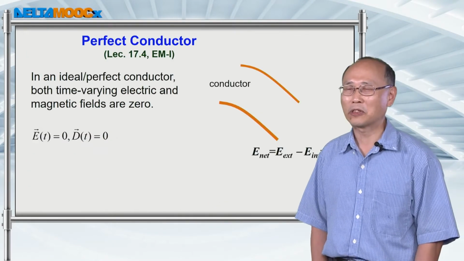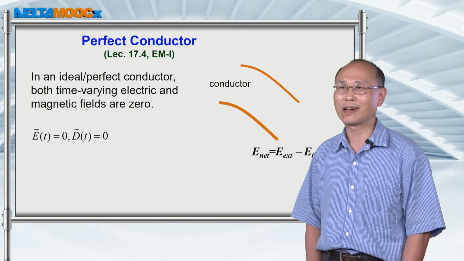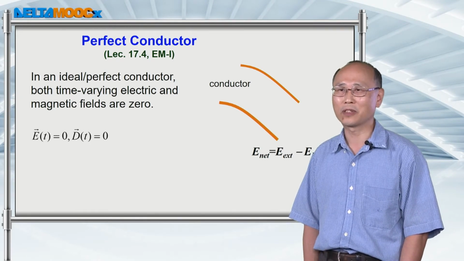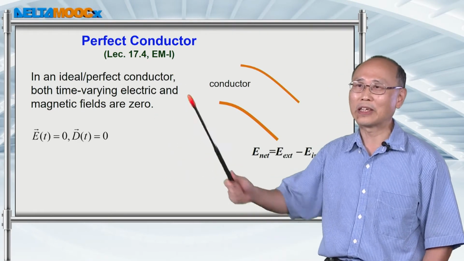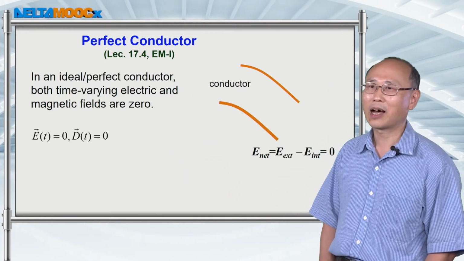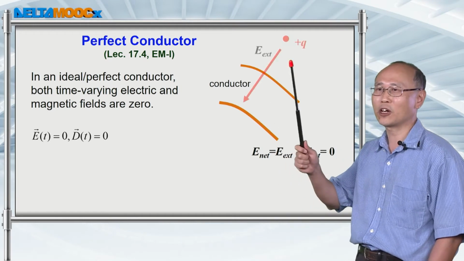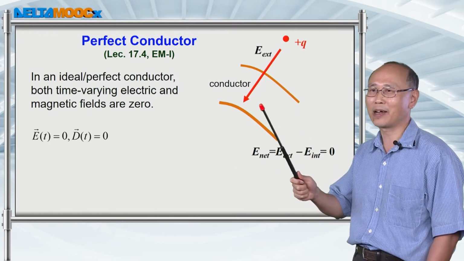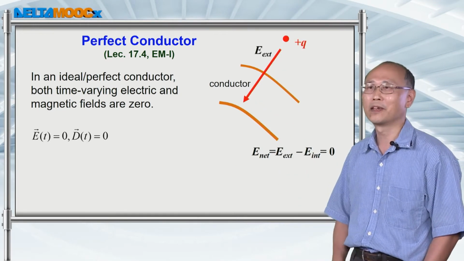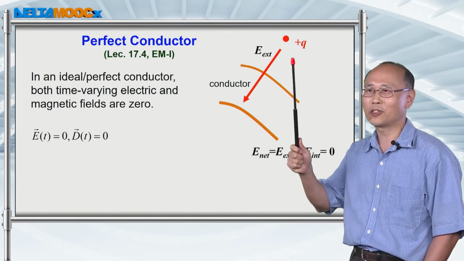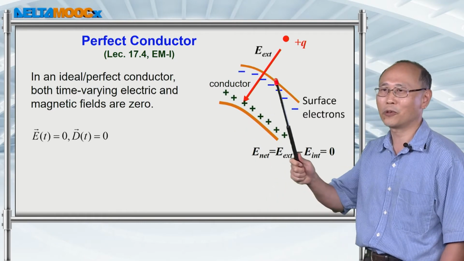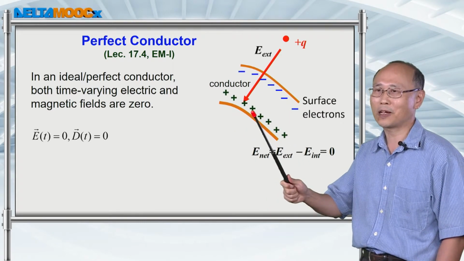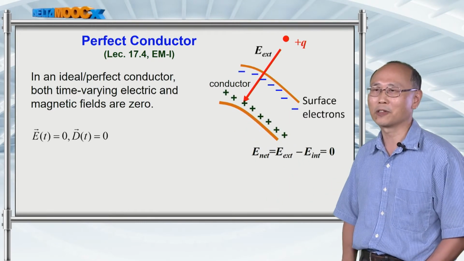On this page, I want to remind you of the field inside a piece of conductor. And if you still remember in electromagnetics 1, I put a positive charge here nearby a piece of ideal conductor. And I mentioned to you that this charge is going to attract electrons toward its boundary and then leave positive charge on the other side of the boundary.